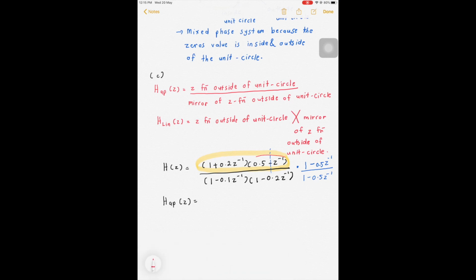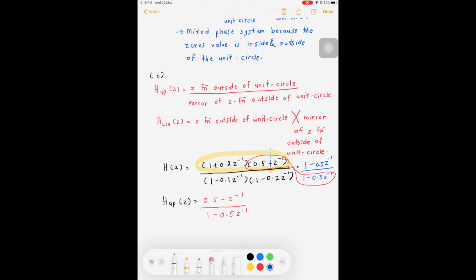So this becomes (0.5 minus z^-1) over (1 minus 0.5 z^-1).